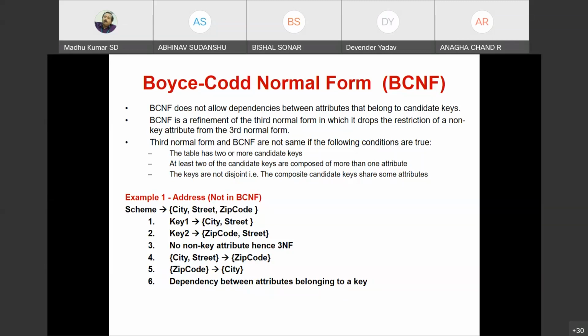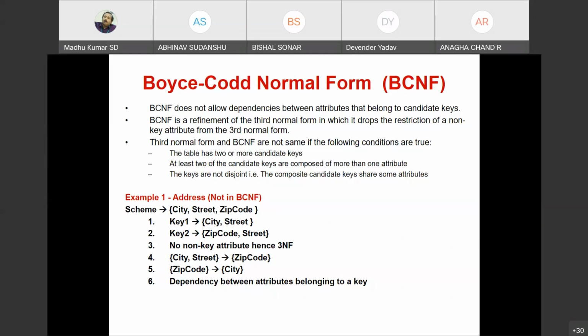What is the pin code of your city? 123401. So Rewari, street names, 123401. In Rewari, the second street name, 123401. Like that, the zip code as well as the city name will be repeated for every street in the city.